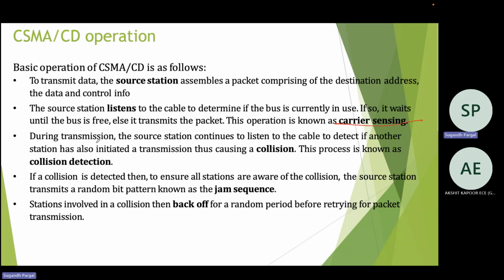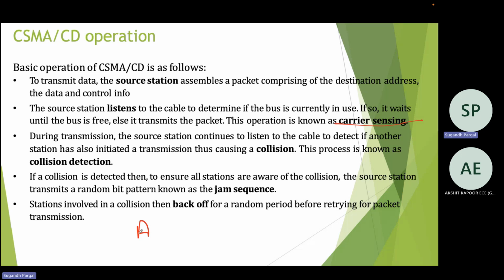During transmission, the source station continues to listen to the cable to detect if another station has also initiated a transmission, thus causing a collision. This process is known as collision detection.